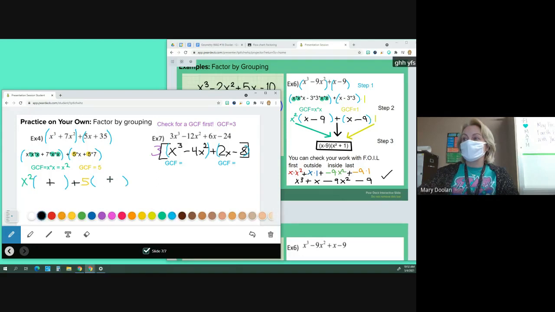Let's leave it like this. Okay, so if you factor out the GCF of x squared, what's left over? If you factor out the GCF of 5, what's left over?